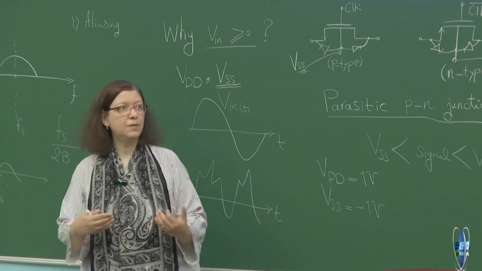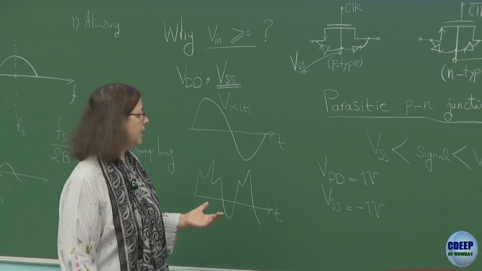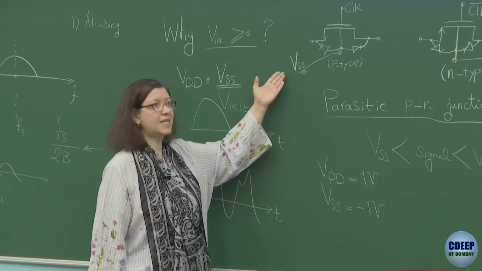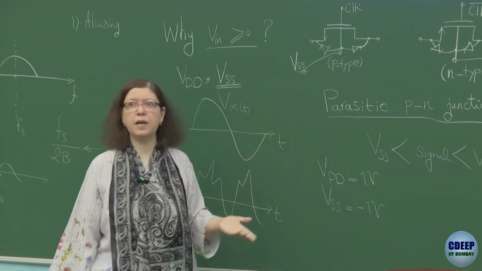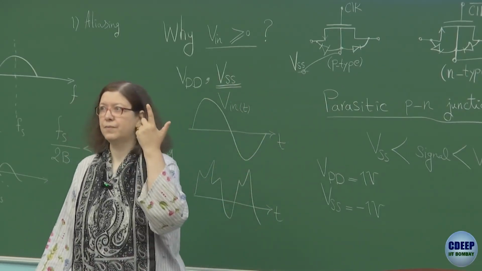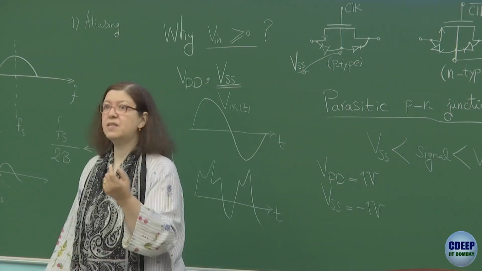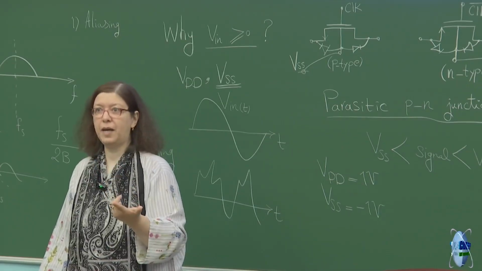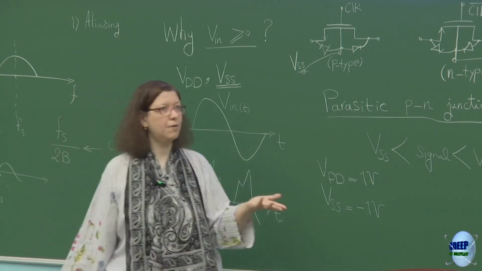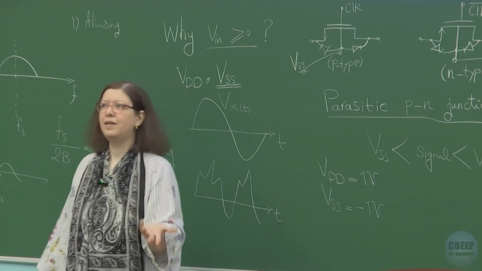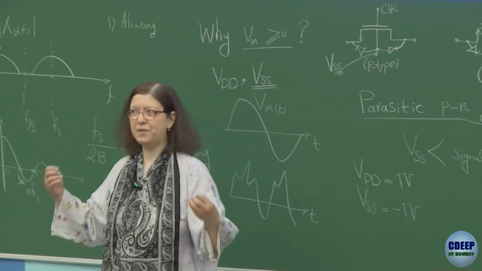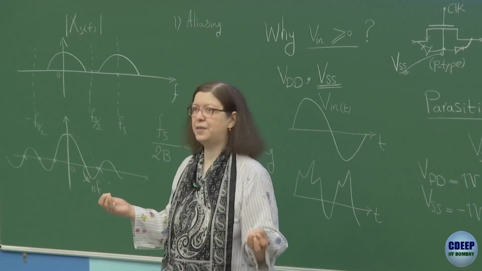Therefore, the best thing is to at least make a standard minimum supply, a single value. Now, what would be the best single value for that minimum supply? Naturally, if it is 0, that's the best thing because it will be the same as ground or the 0 reference that you need.